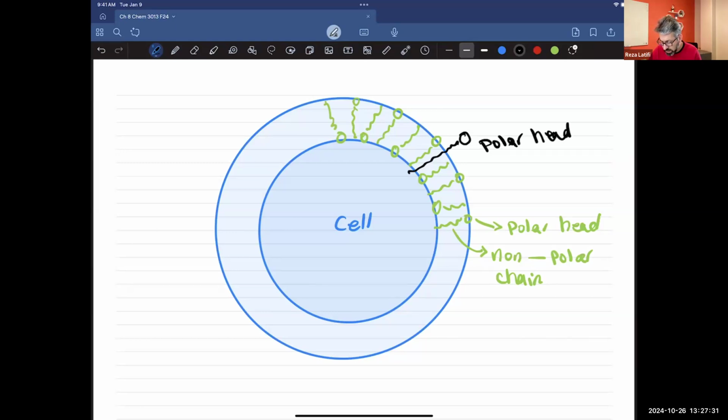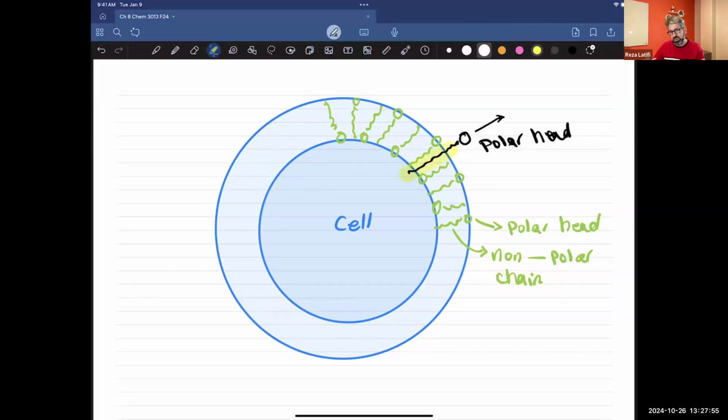And the polar head can be pulled by water, and the more alcohol molecules diffuse in that layer, the bigger the gap will be. Which gap am I talking about? Technically, you're going to build a pathway.